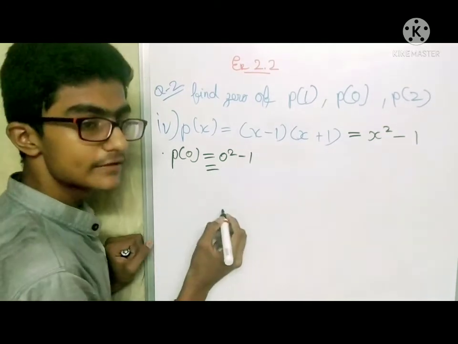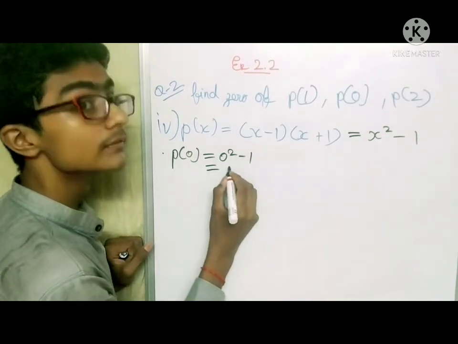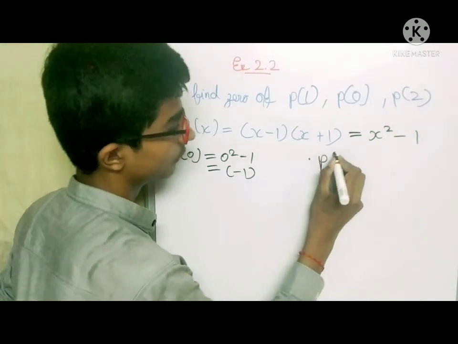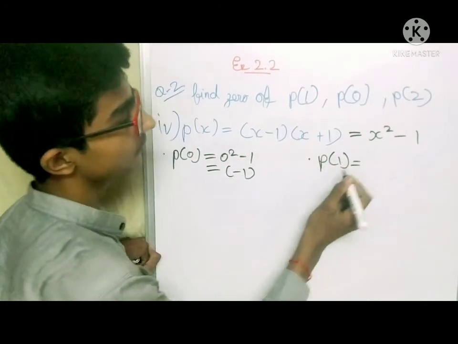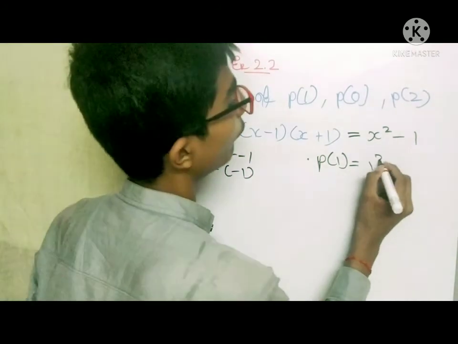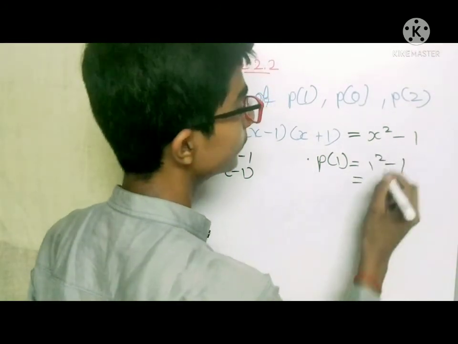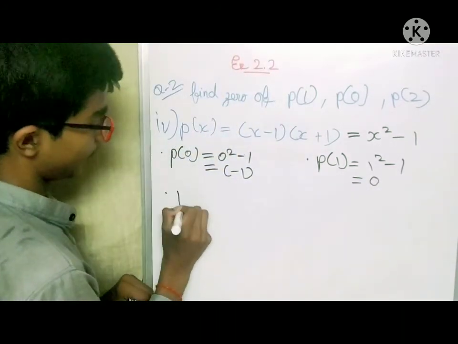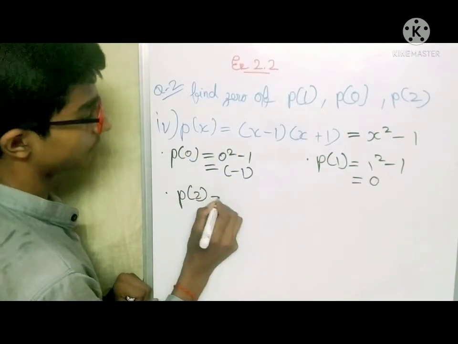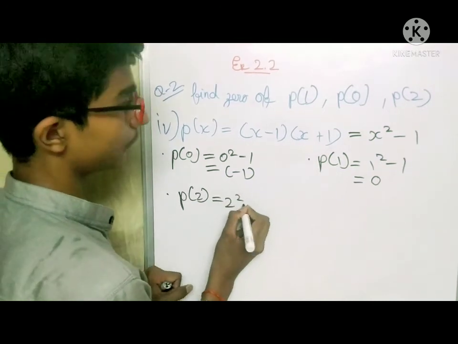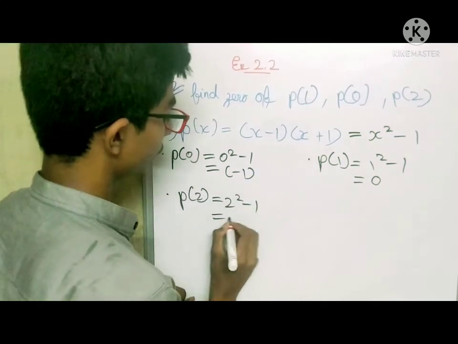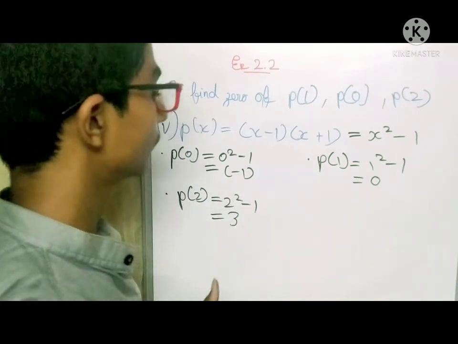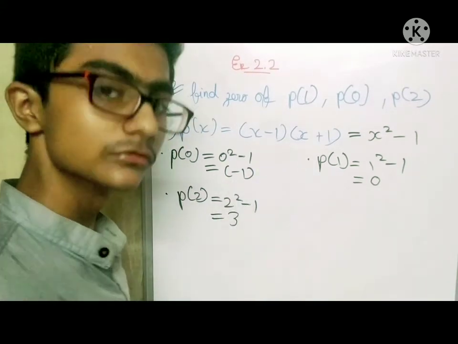So square of 0 is 0 and 0 minus 1 is minus 1. Now p of 1 is 1 square minus 1. The square of 1 is 1 and 1 minus 1 is 0. And p of 2 is 2 square minus 1. So square of 2 is 4 and 4 minus 1 is 3. So here we got the values minus 1, 0 and 3.